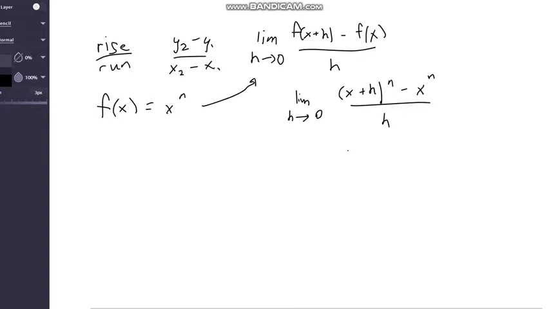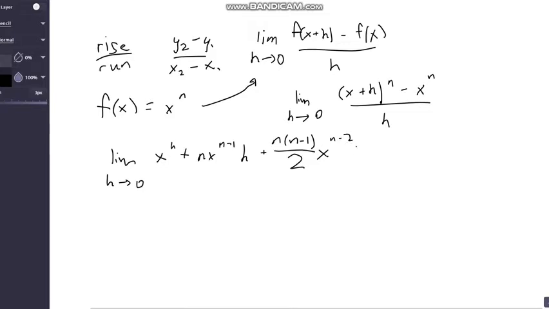Now, this could be rewritten as limit h goes to 0, x to the power of n plus n x to the power of n minus 1, h to the power of 1, plus n times n minus 1 over 2, x to the power of n minus 2, h squared, dot dot dot.